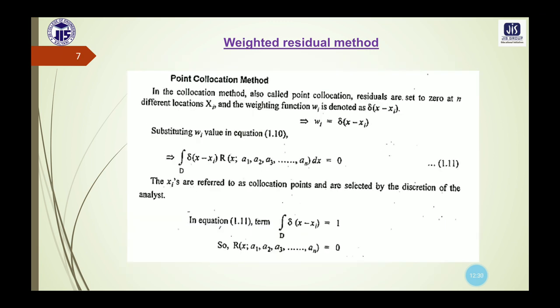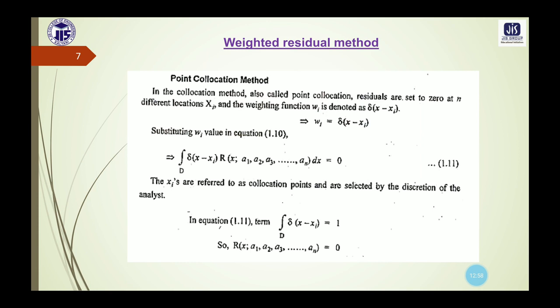Now let us first discuss the point collocation method. In this collocation or the point collocation method, the residuals are actually set to 0 at n different collocation points xi, and the weighting function Wi is denoted as delta(x minus xi).